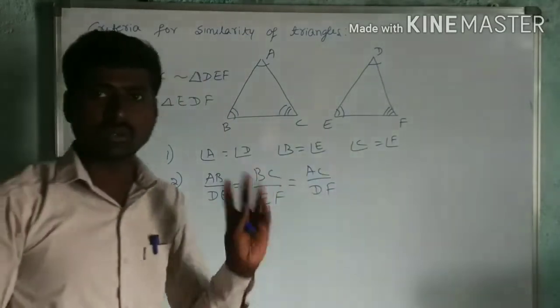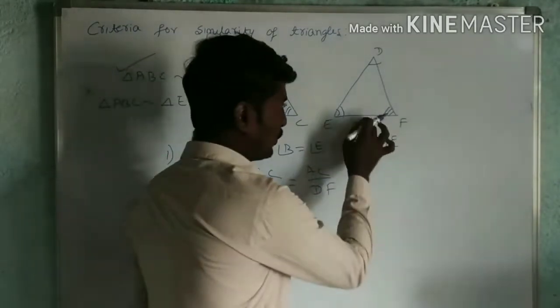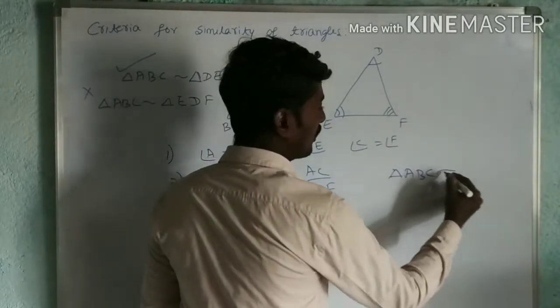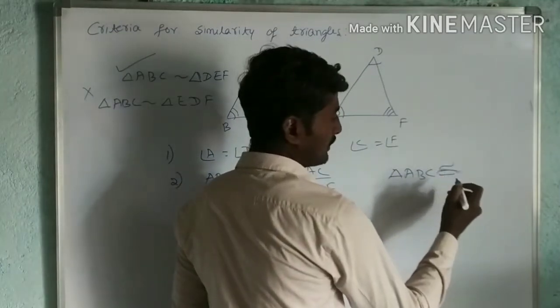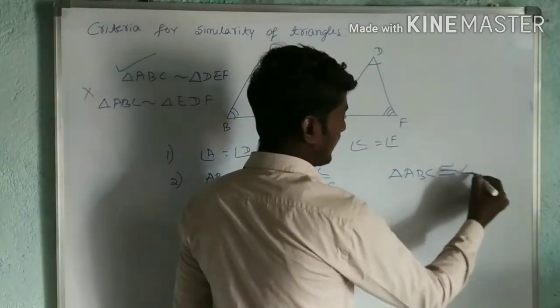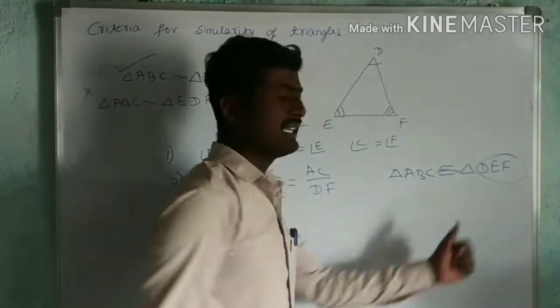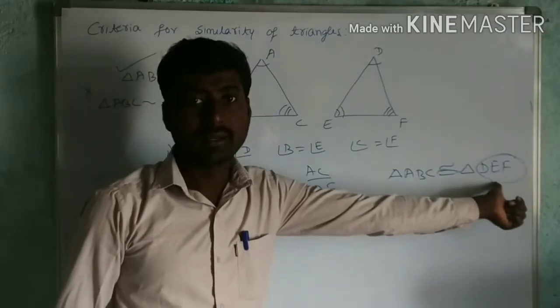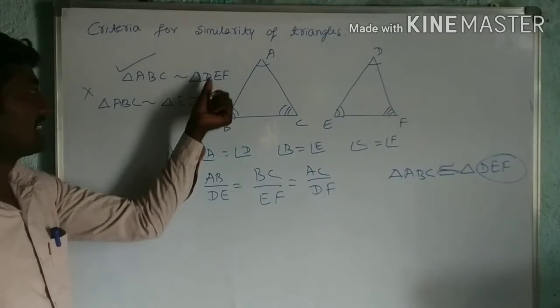For congruency, there is no need to write like this. If two triangles are congruent, I can write triangle ABC is congruent to triangle DEF. Instead of DEF, you can write EFD or FED, anyone you can write. But for similarity, you cannot write other than this DEF.